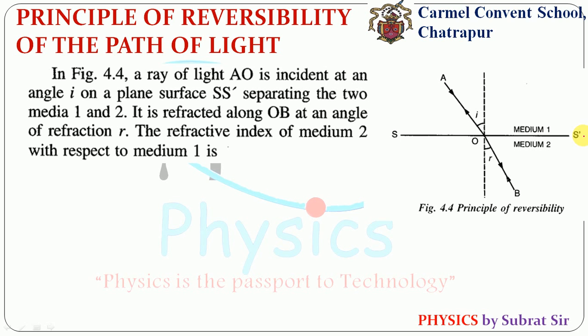It is refracted along OB. So when it passes from A to O, it is refracted from O to B, making an angle R with the normal. This one is the normal and this one is the refraction angle.